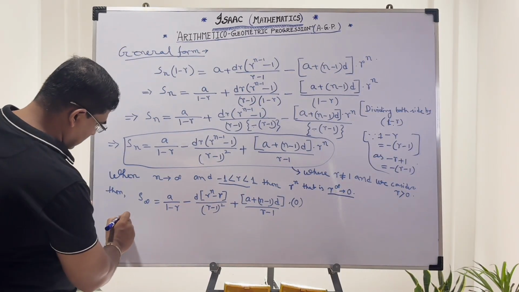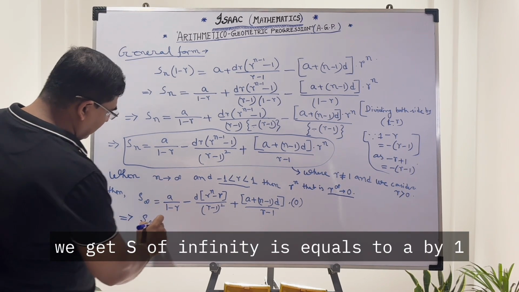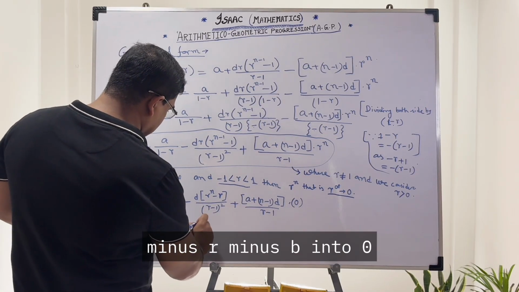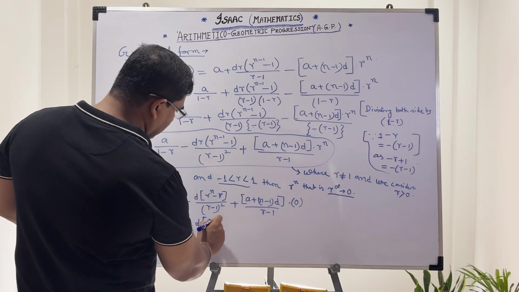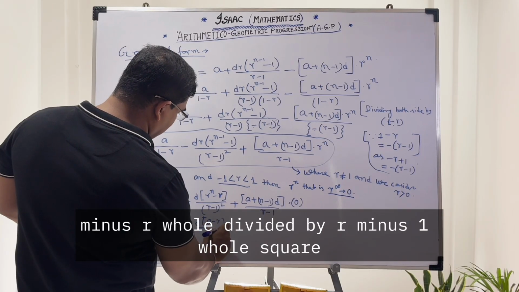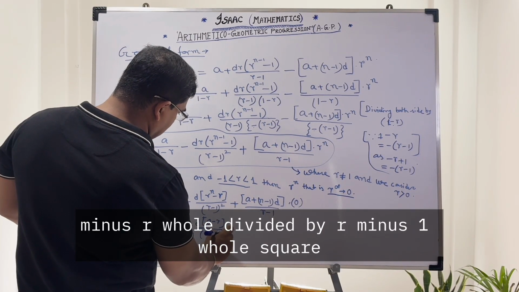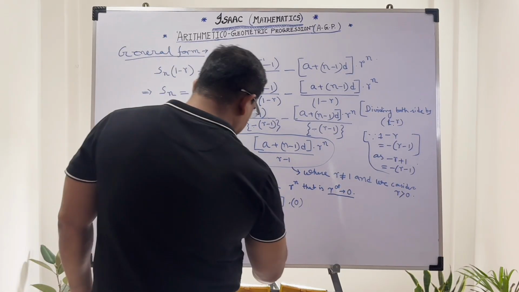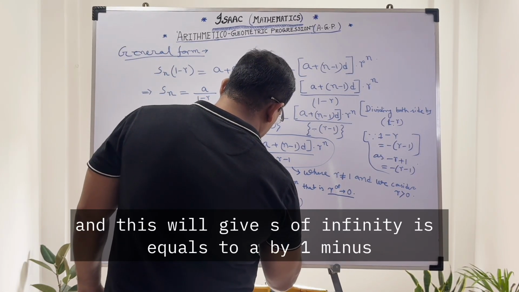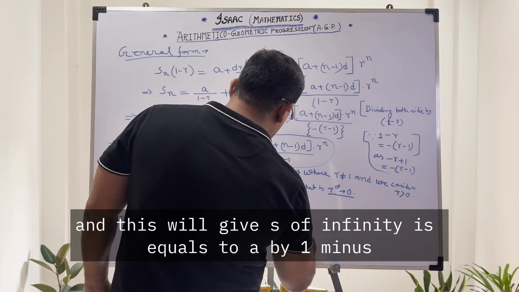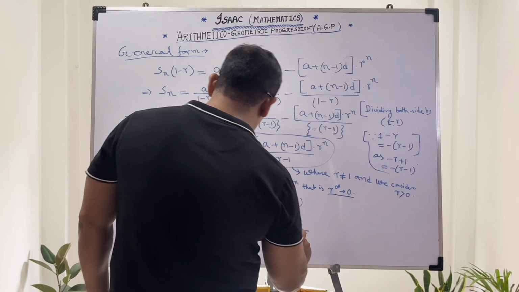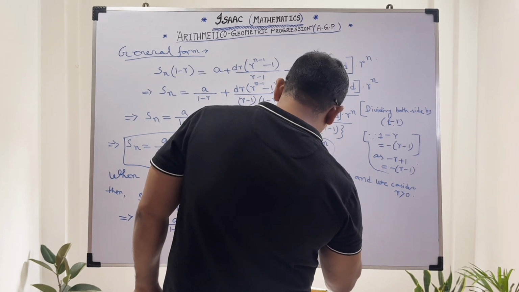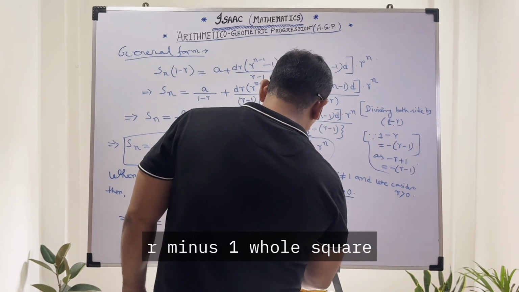And by following this, this formula becomes this. Finally, we get S infinity is equal to a by 1 minus r minus d into 0 minus r, whole divided by r minus 1 whole square, and this whole thing becomes 0 because 0 into something will give 0. So S infinity is equal to a by 1 minus r plus dr by r minus 1 whole square.